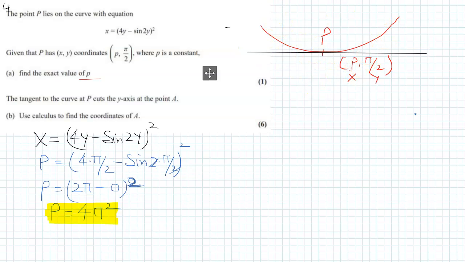It's just a rough idea. It's saying it cuts the y-axis at point A, so this is the y-axis, and it is intersecting it at A. Use calculus to find the coordinates of A. Now we have to find this coordinate, so if we find the equation of this line and put x equal to 0, we may find it.